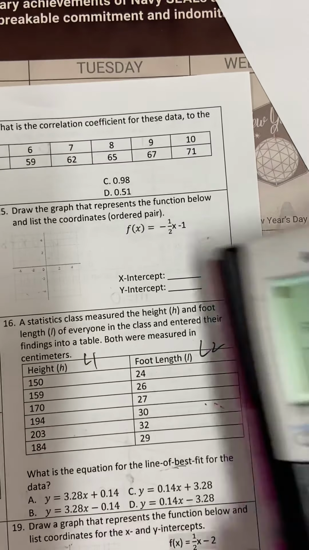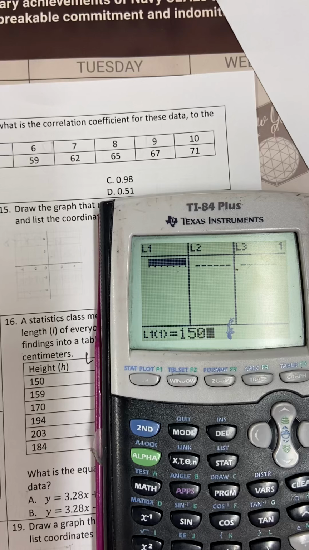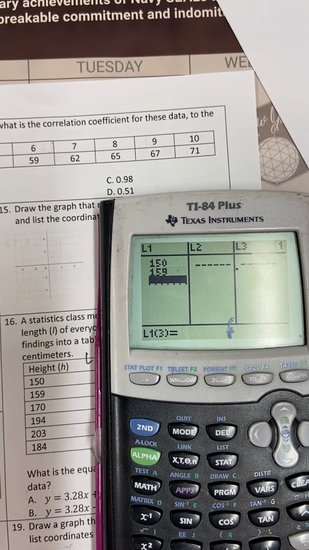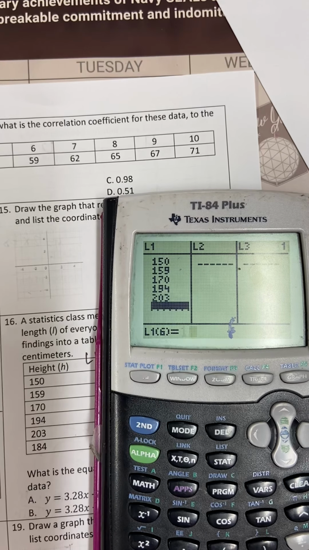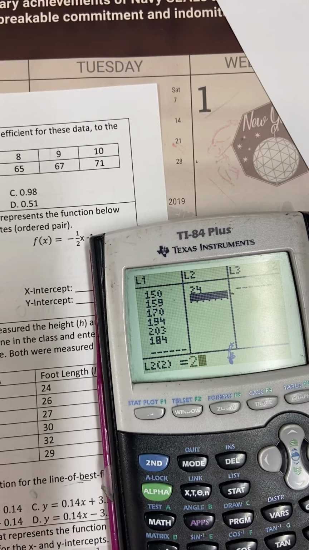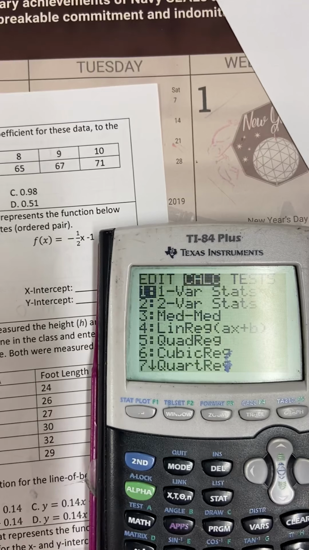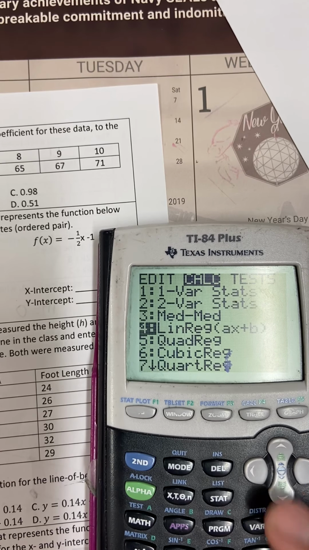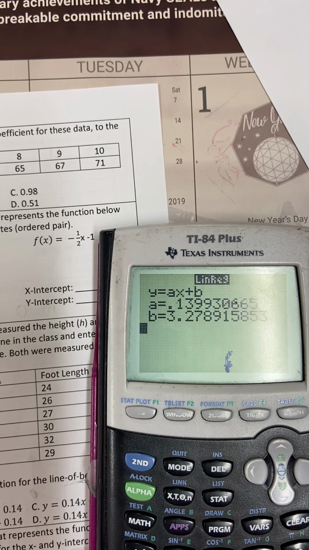Hit stat, press 1, type in 150, enter, 159, enter, 170, enter, 194, enter, 203, enter, 184, enter. Go to the right cursor: 24, enter, 26, enter, 27, enter, 30, enter, 32, enter, 29, enter. Now do stat again, go to the right, go to LinReg, press enter a couple of times until you reach calculate, and there you go.